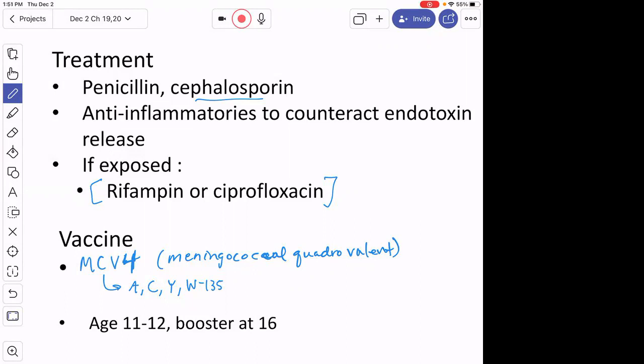Oh, it's a subunit vaccine. So we've got the pieces of the polysaccharide capsule.